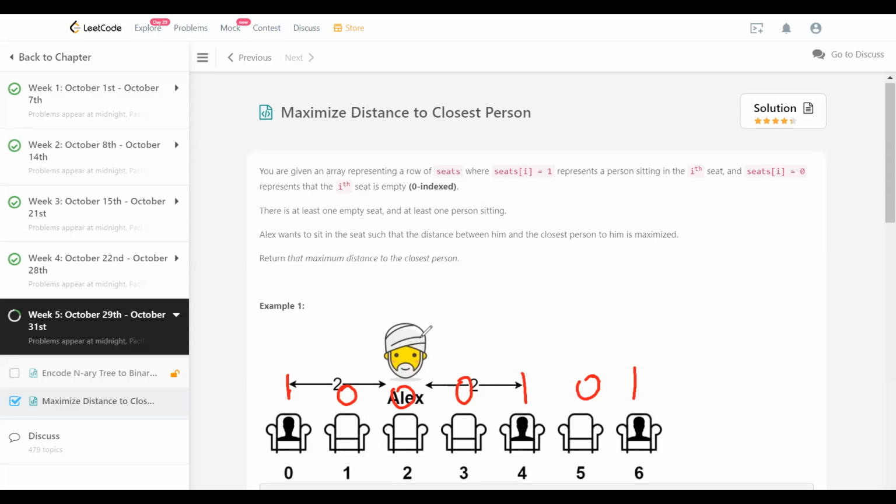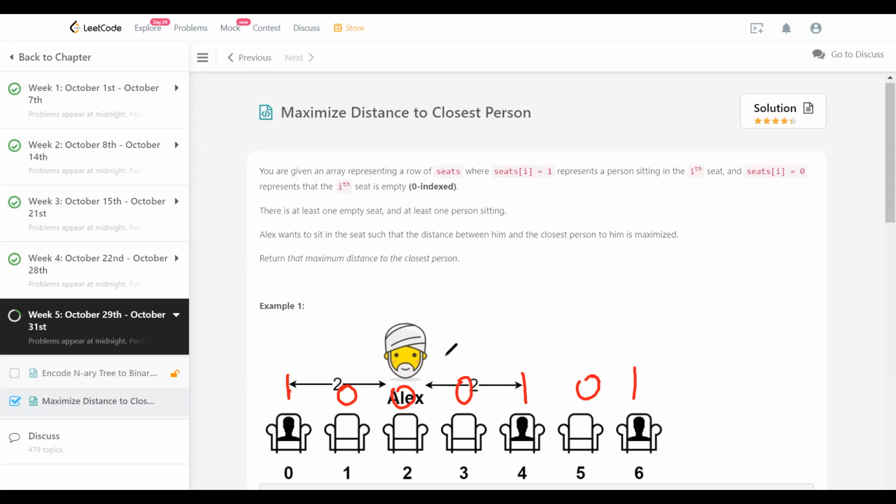Among all such ranges bounded by two people sitting, Alex is going to sit at the middle, and among all such ranges of zeros, we can find the one which has maximum value. That way we can find the distance of Alex's seat from the closest person. So in this case, 2 is the answer.